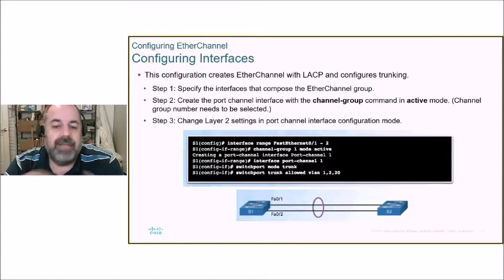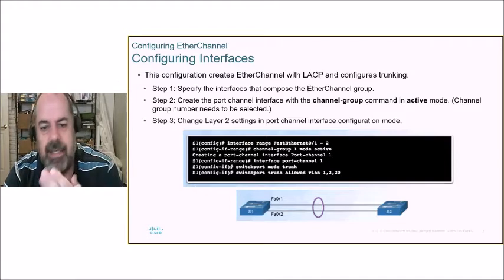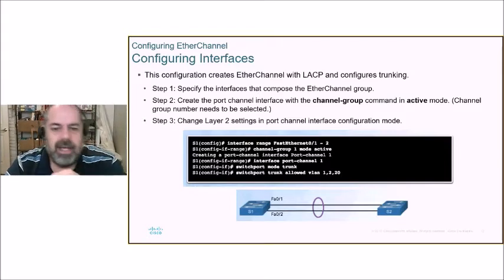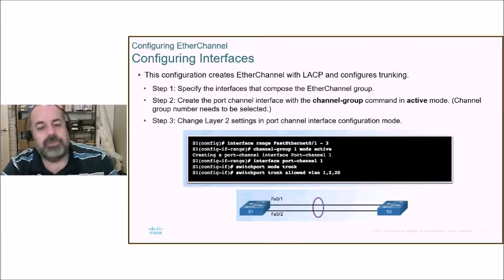Then you do mode, and it's either going to be active or passive, or on, desirable, or auto. But we're talking about LACP here, so it's either active or passive. Because you've done that channel-group command, there is now a new logical interface called interface port-channel 1. Then you can do switchport mode trunk, and then switchport trunk allowed VLANs or whatever. If you don't do the allowed VLANs, it will allow all VLANs. But you've got to remember to make that the same on the other end as well.